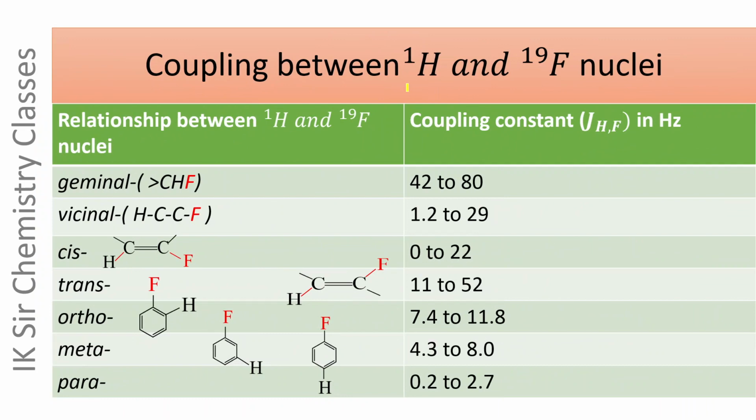Coupling between H-1 with I equals half and F-19 with I equals half nuclei. Coupling between proton and F-19 nuclei may also take place, and this coupling constant is JHF, that is the coupling constant between H-1 and F-19 nuclei.